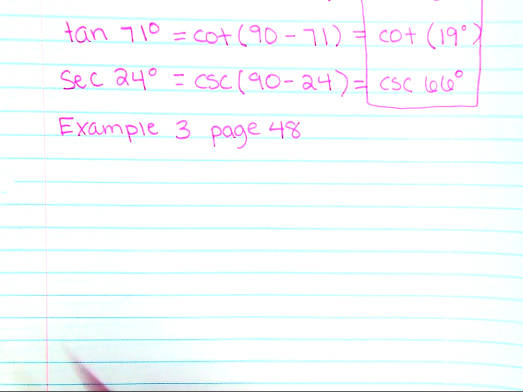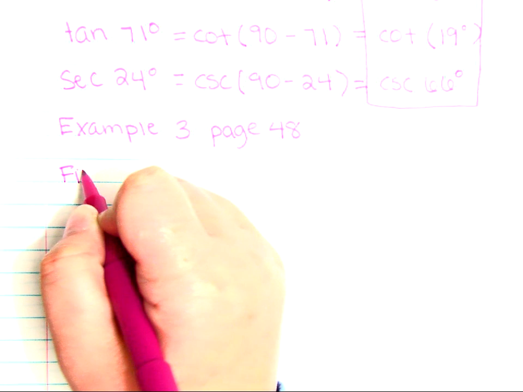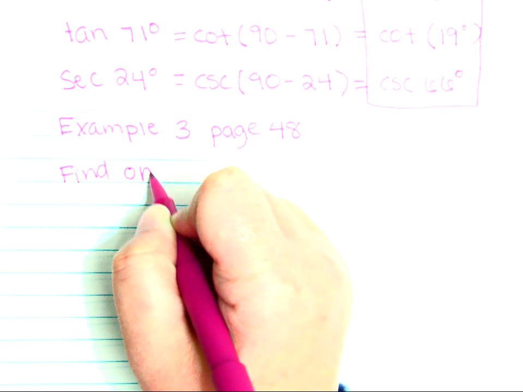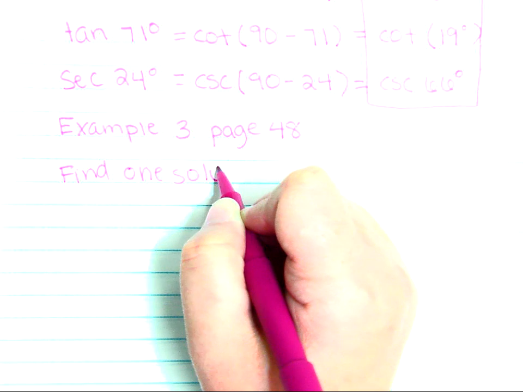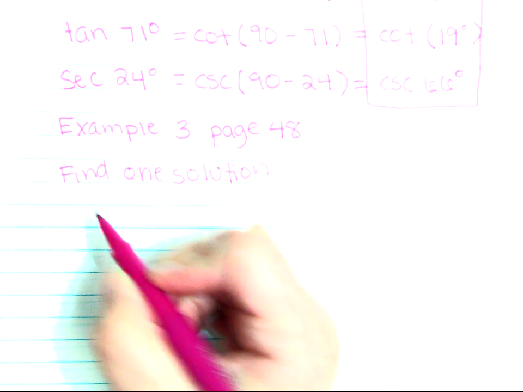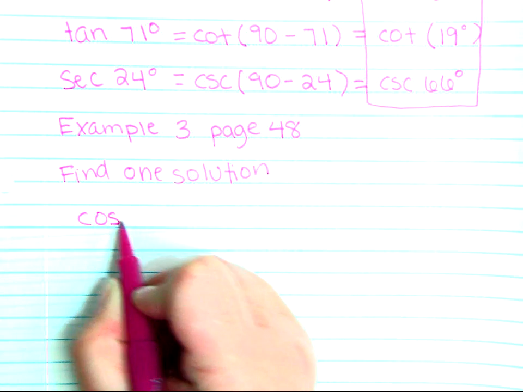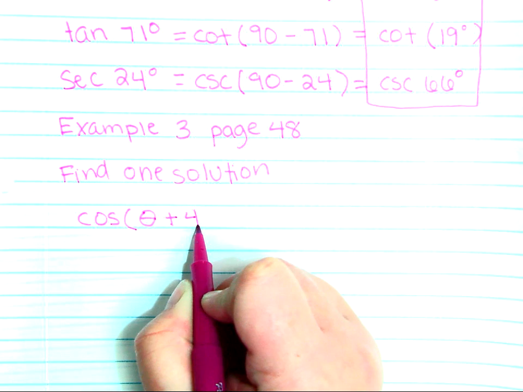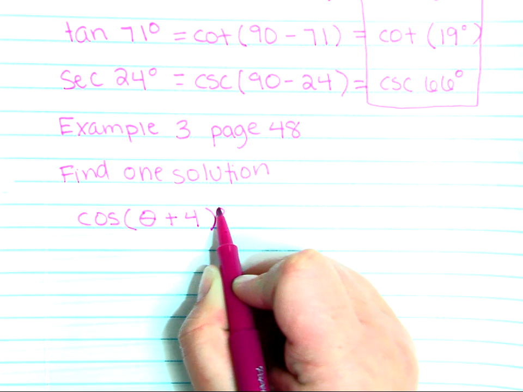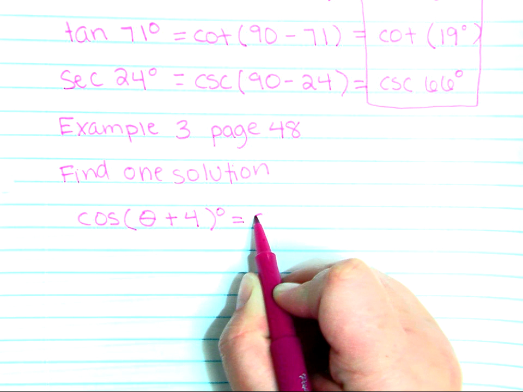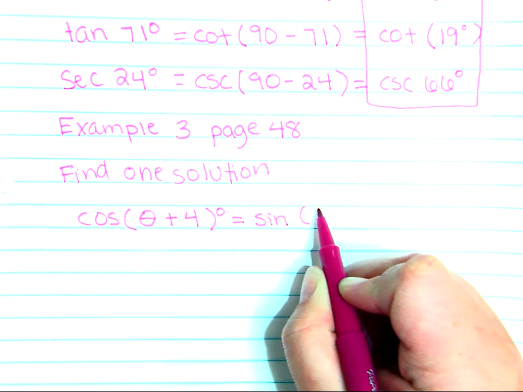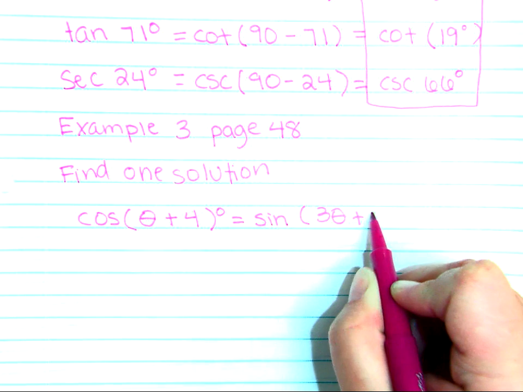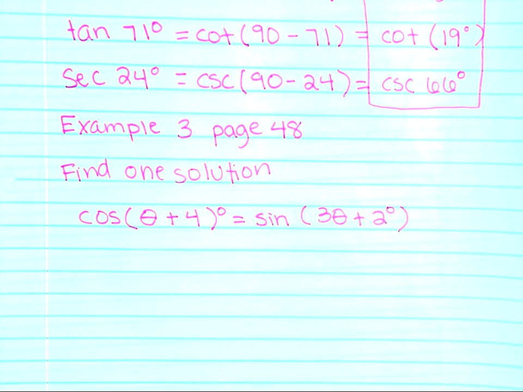So we need to find one solution. Okay, and they give me this equation. They say that the cosine of theta plus 4 degrees is supposed to equal the sine of 3 times theta plus 2 degrees.